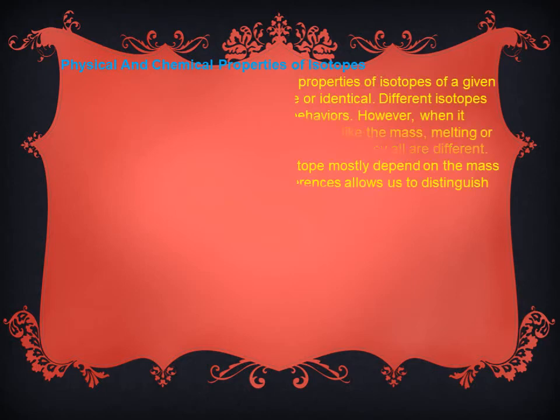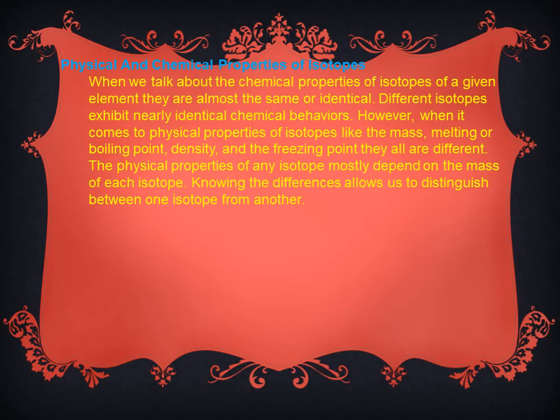Physical and chemical properties of isotopes. When we talk about the chemical properties of isotopes of a given element, they are almost the same or identical. Different isotopes exhibit nearly identical chemical behaviors.